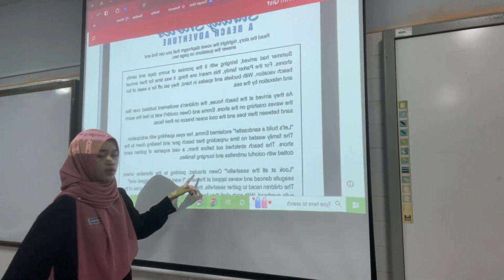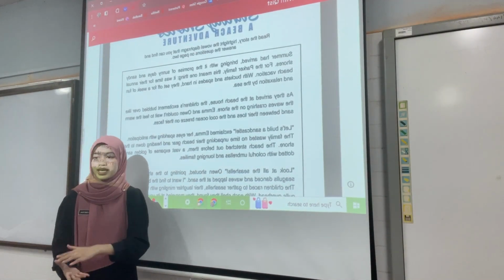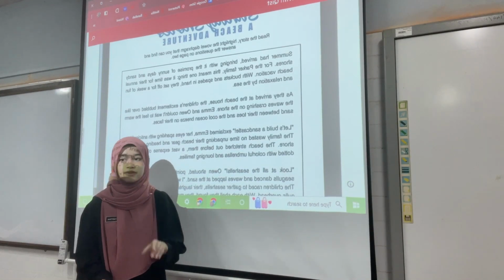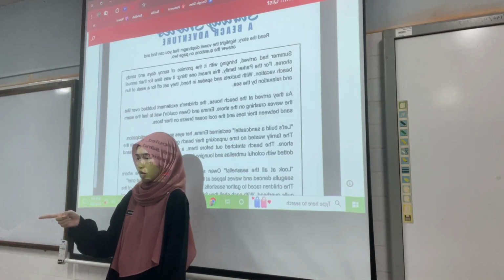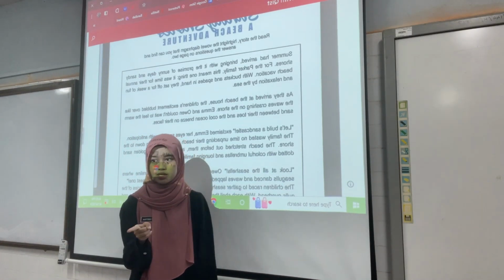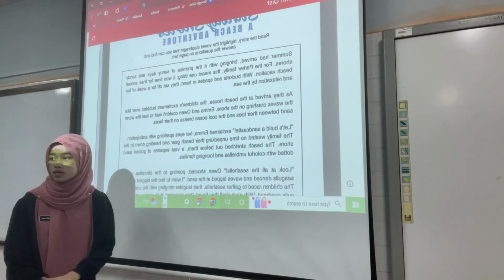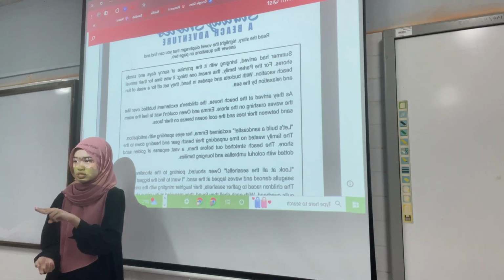So what I want you to do is to read the story on your own and highlight the vowel digraph. Everyone knows what a vowel digraph is, right? No? Don't know? Okay. So here's a short example. A vowel digraph is when 2 vowels are near each other.